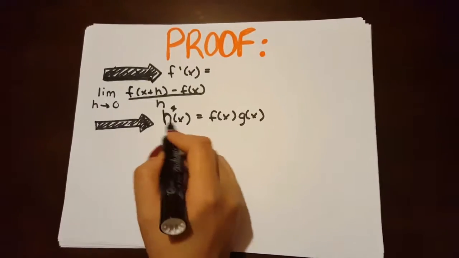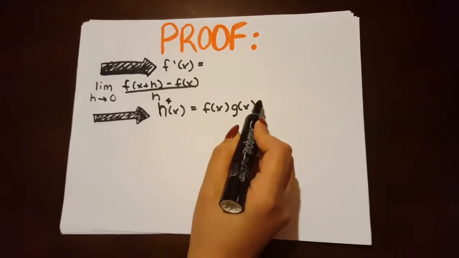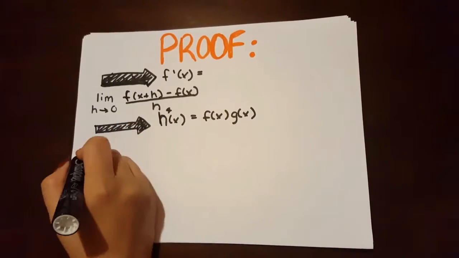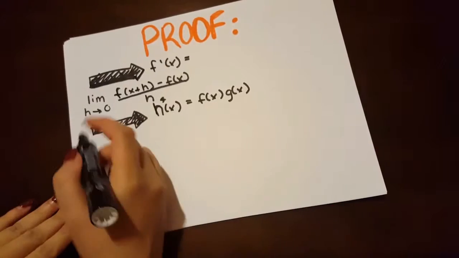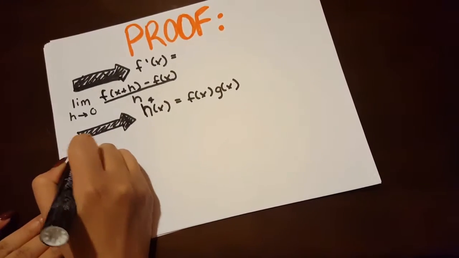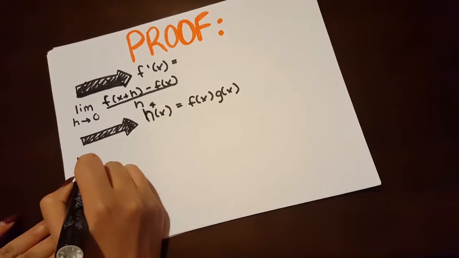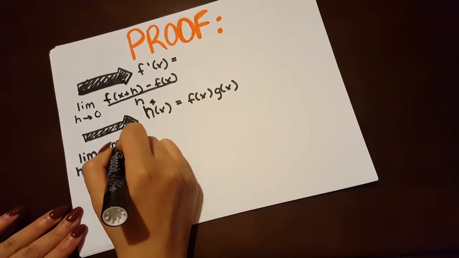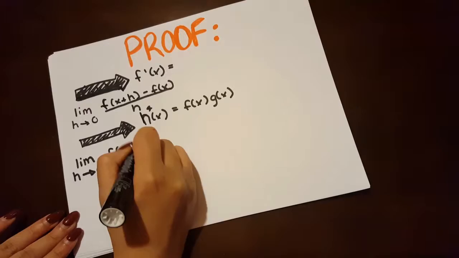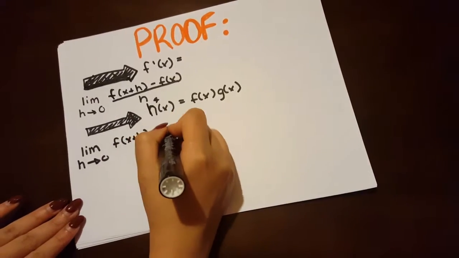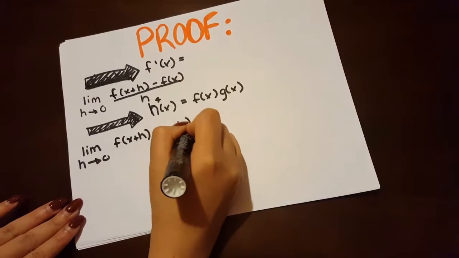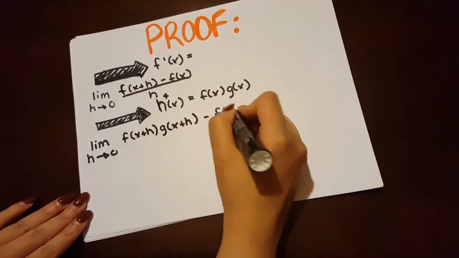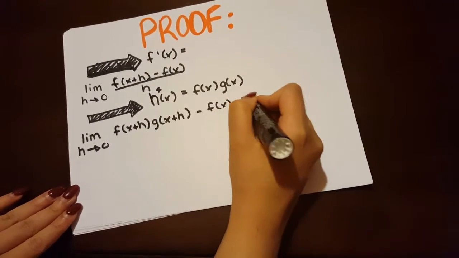So if h of x equals f of x times g of x, how do we use limits to find the derivative? It's going to look something like this. The limit, as h approaches 0, of f(x plus h) times g(x plus h) minus f of x times g of x.